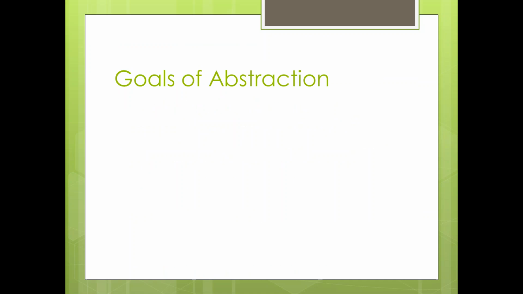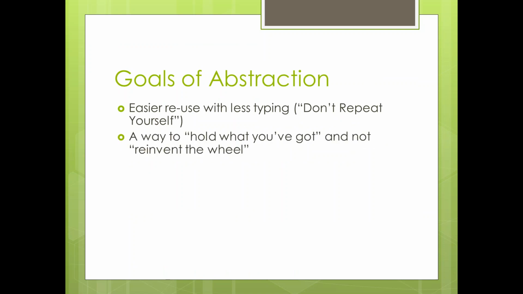Our goals with abstraction, and I promise I'm going to get through these slides and get to some demo pretty quickly here. So the goals of abstraction: obviously easier reuse with less typing, don't repeat yourself. A way to hold what you've got and not reinvent the wheel. I know in what I refer to as the bad old days of FileMaker development years ago when I was just getting started, it seemed like every single new solution I had to work up a contacts table and work up addresses and phone numbers and all those things over and over, always slightly differently.